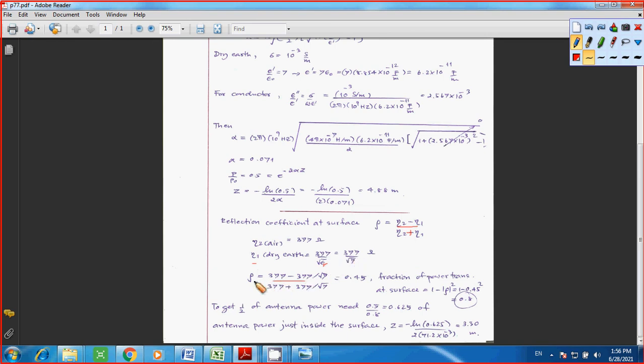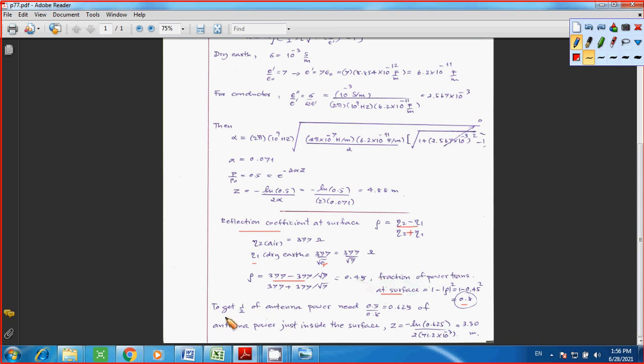And you end up with your reflection coefficient to be 0.45. The fraction of power transmitted at the surface is then 1 minus the magnitude of your reflection coefficient squared, and that gives you 0.8. That's the transmitted wave.